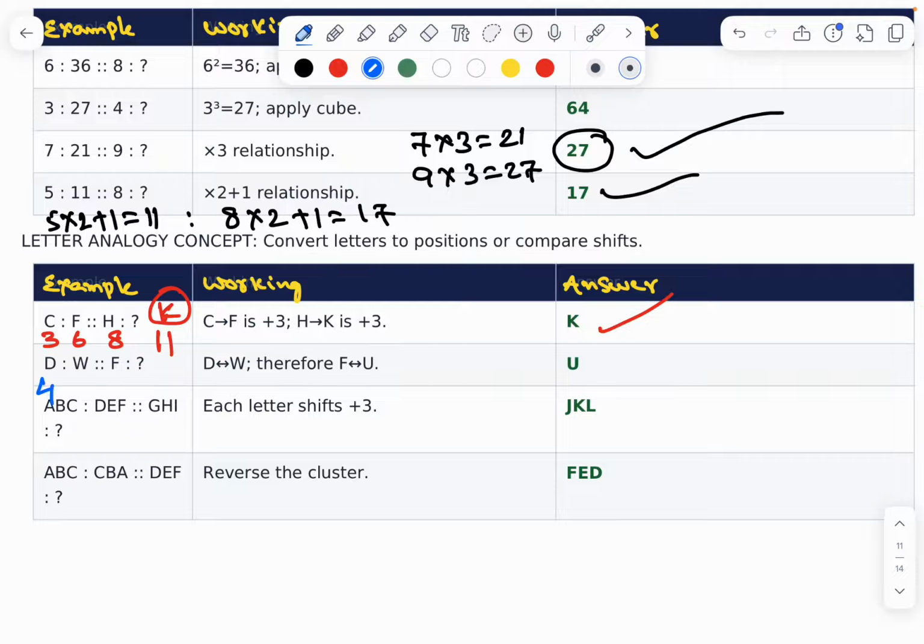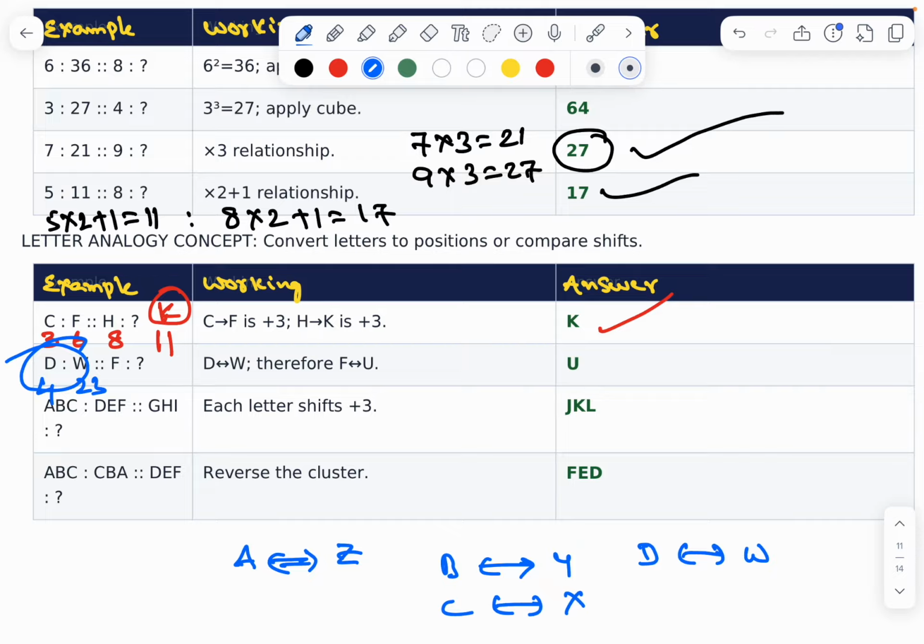D, 4, W, 23. When comparing these two, A represents B. Sorry, A represents Z. B, Y. C, X. D represents W. Therefore the answer is D, W. Then what is the answer for F?